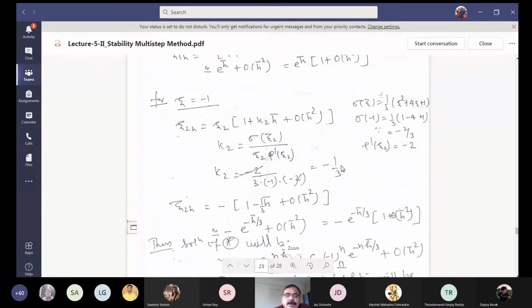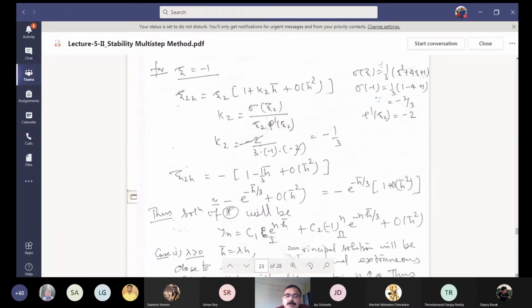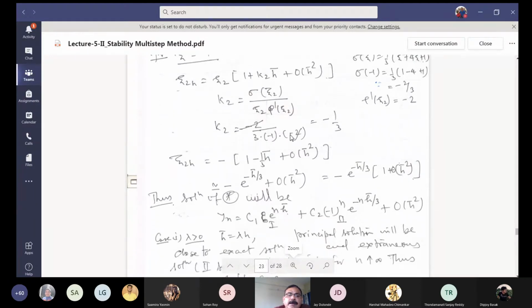Yes, sir. Okay, then xi 2 h can be written as, once you have got the growth function, minus of (1 plus K2 h bar). K2 is minus 1 by 3, so 1 minus 1 by 3 h bar plus capital order h bar square, because xi 2 is minus 1, so this minus is coming from there.